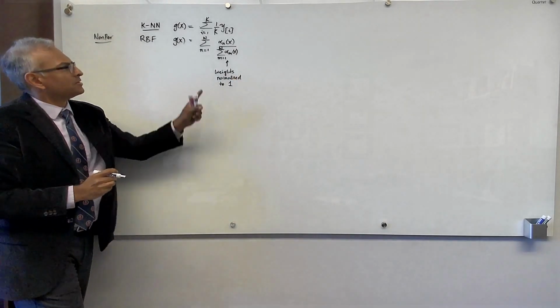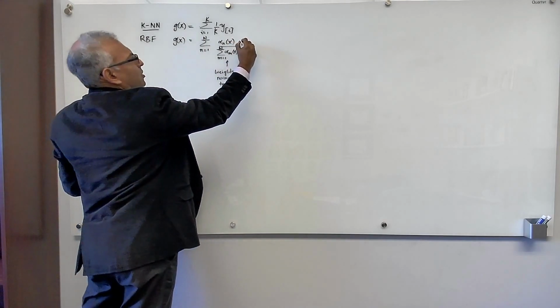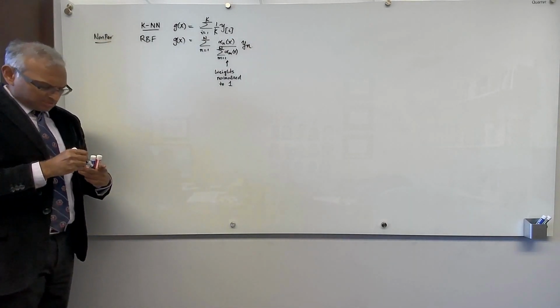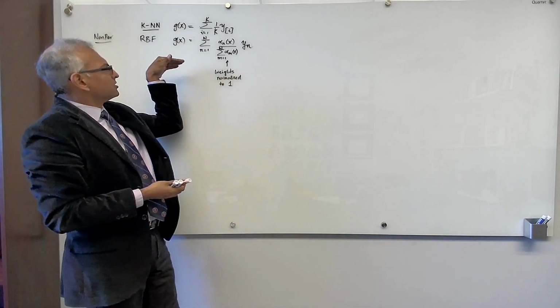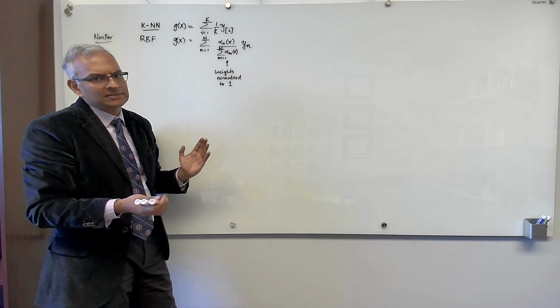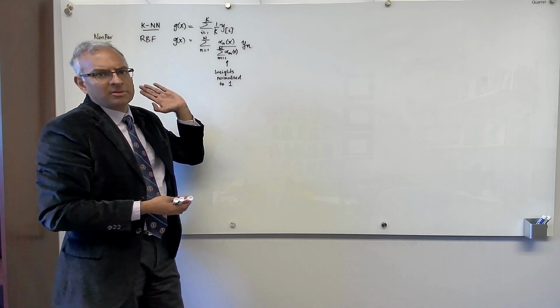These weights play the same role as the 1 over k, and now you just take the weighted average of all the y values, y sub n. So we're simply porting over the final hypothesis from k nearest neighbor to the situation where you use all the data and weight it appropriately. That's the nonparametric radial basis function.